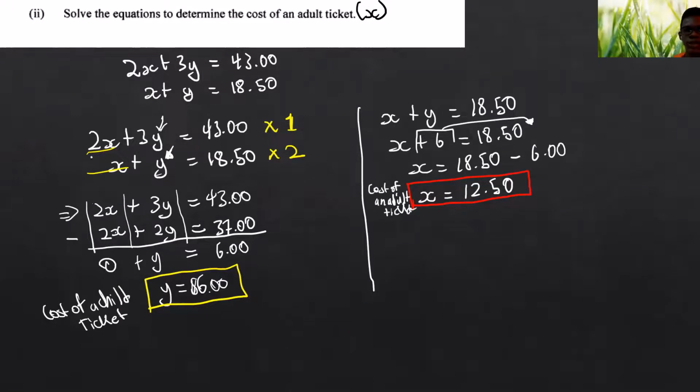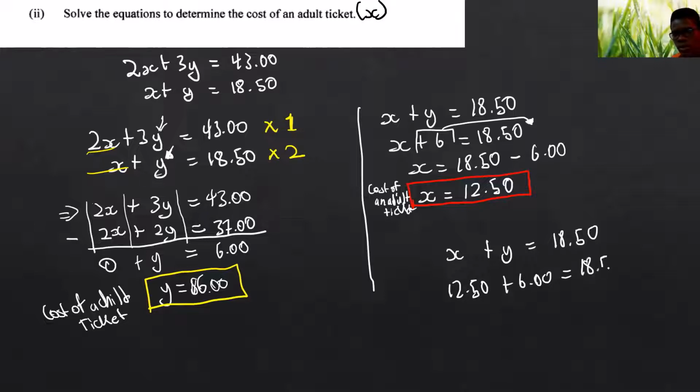And you can actually see if these statements are true. The second statement says x, which is an adult ticket, plus y should be equal to 18.50, right? And we know x is 12.50 and y is 6.00, and that is indeed equal to 18.50, right?